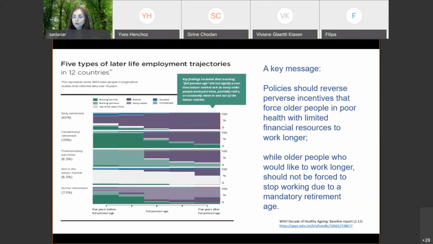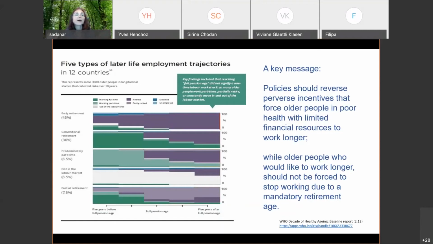Of course, comparability across different countries matters because some countries have a much greater proportion of people working in the informal sector, and this is very different for men and women as well. But I think this analysis was really interesting because they found that full pension age did not signify a one-time labor market exit, as many older people continue to work part-time or constantly move in and out of the labor market.